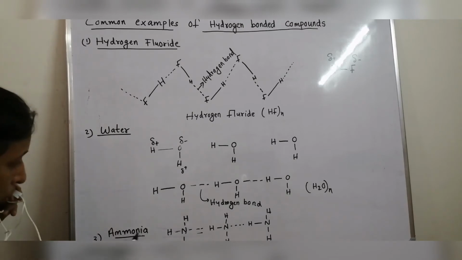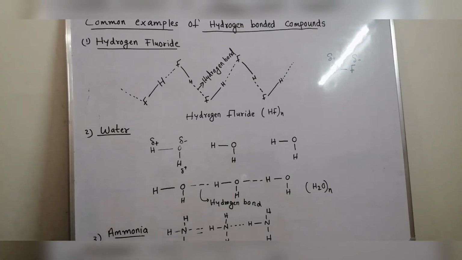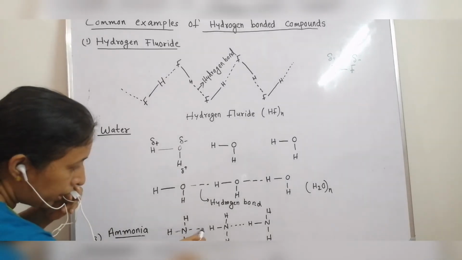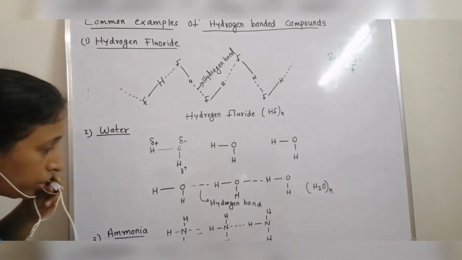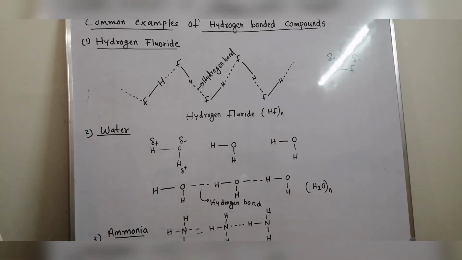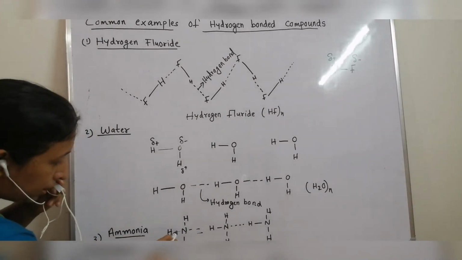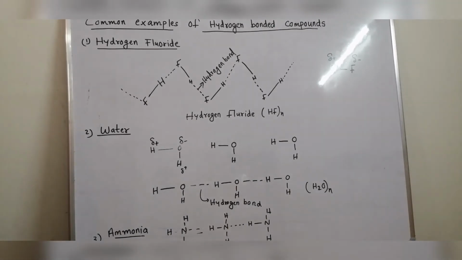In ammonia also, nitrogen is electronegative and hydrogen electropositive. There is charge formation and a large number of ammonia molecules form bonds, forming a cluster through hydrogen bonding. Hydrogen bonding is denoted by a dotted line and the solid line represents covalent bonds.